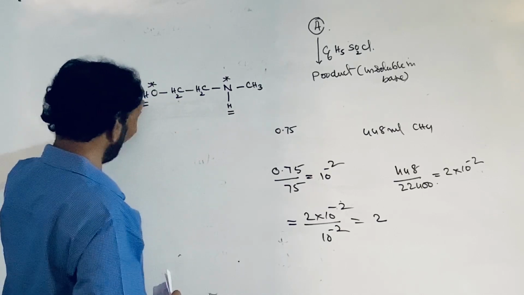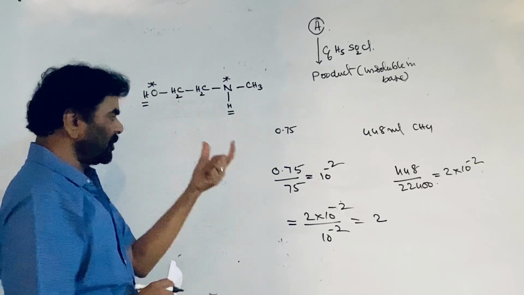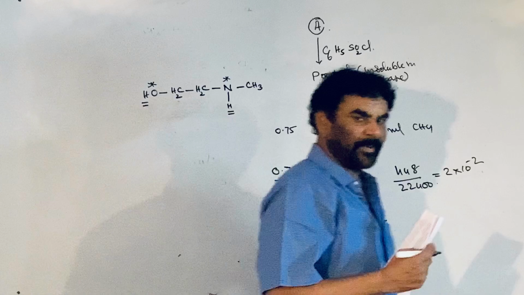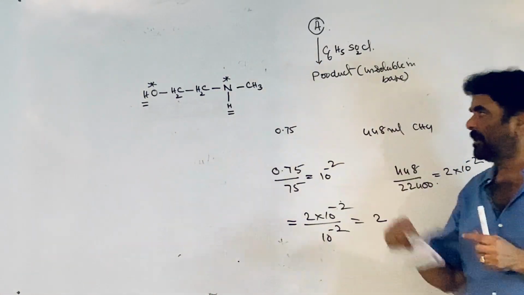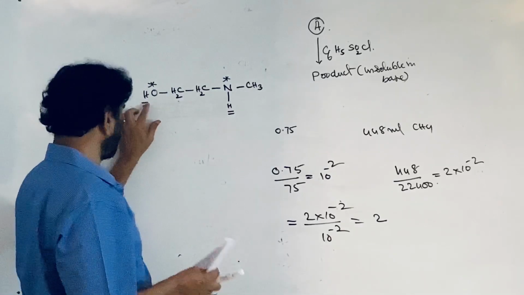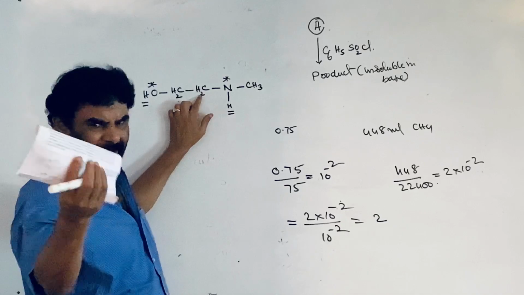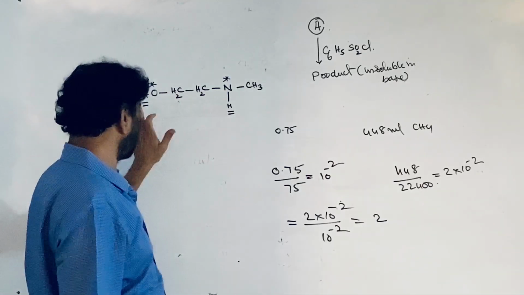When treated with methyl magnesium bromide, this provides 1 H plus ion and this provides 1 H plus ion. Each molecule gives 2 molecules of methane. This is the structure of the molecule. You may ask why are you putting the OH here and why not put the OH there? Anywhere you can, OH should be present in the molecule.